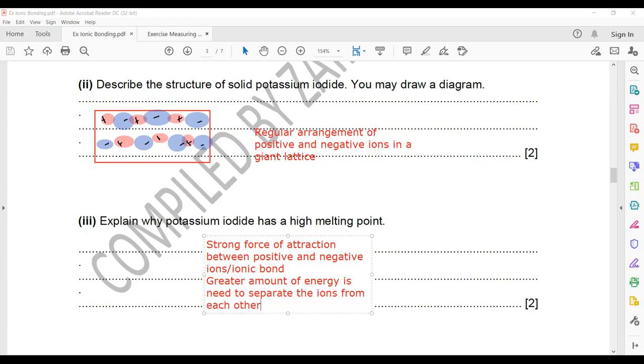So we need a lot of energy to separate these ions from each other. Yes, the force of attraction of the ionic bond is strong. That will give you 1 mark. And the second mark is for mentioning that you need a lot of energy to separate the ions, because more energy means higher temperature. Is it clear? This part, the third part as well.